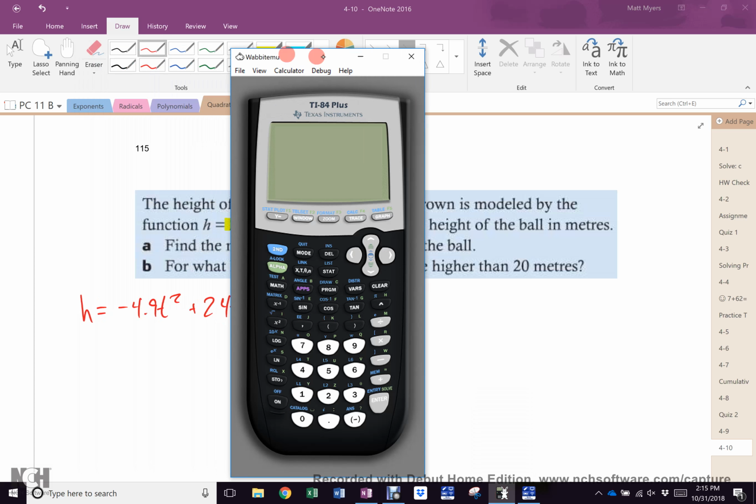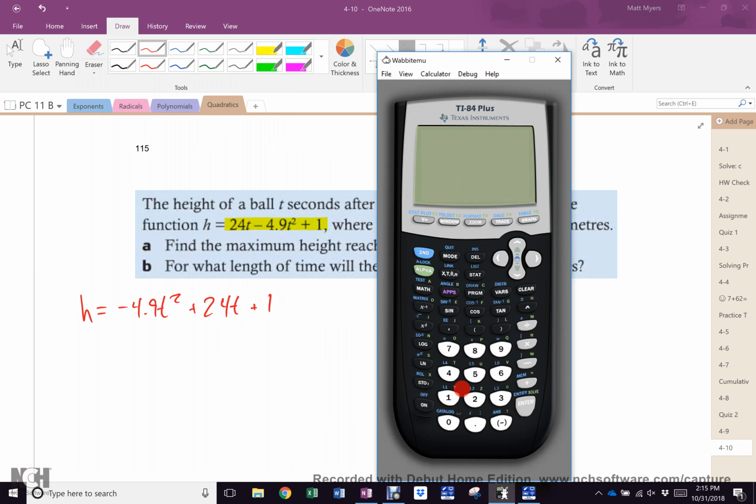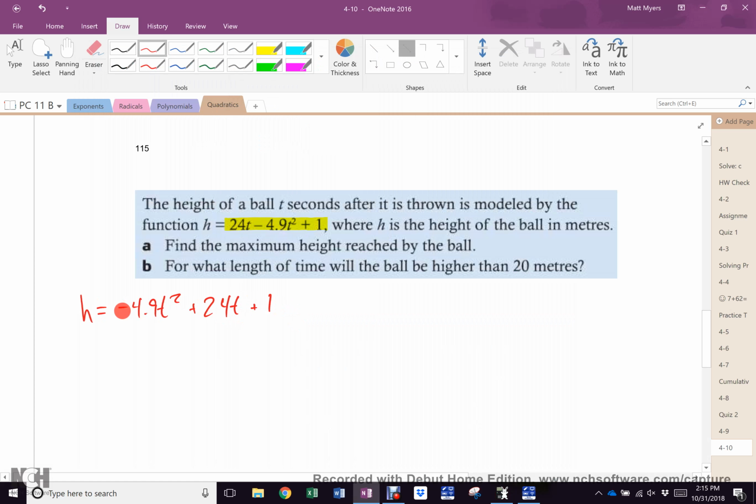I've got my calculator out. I go to y equals, and we start entering. What would I punch in here? Punch in this equation. Make sure you punch it in properly. Is this negative or subtraction?